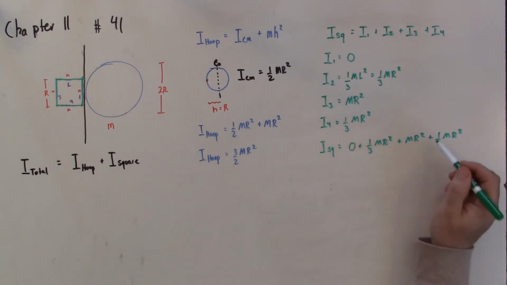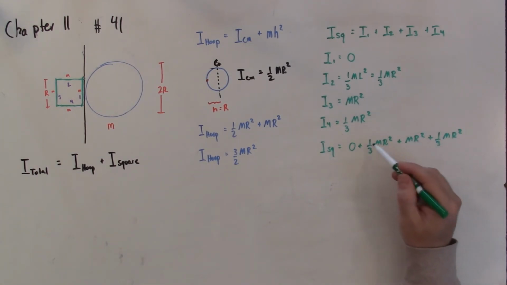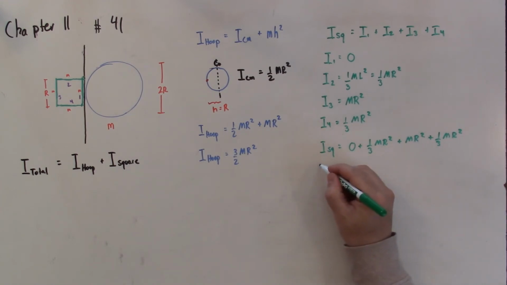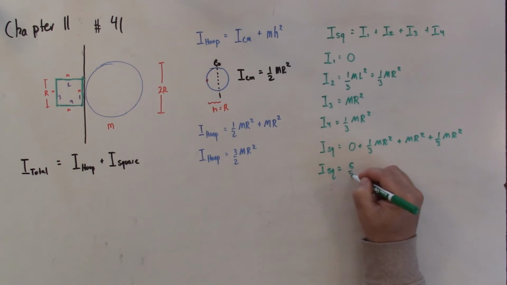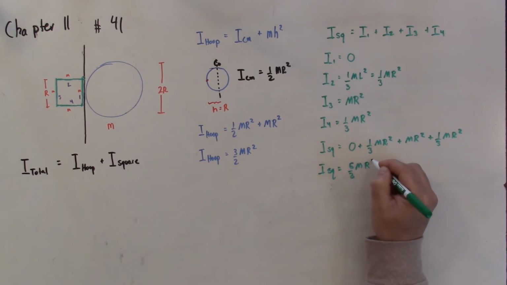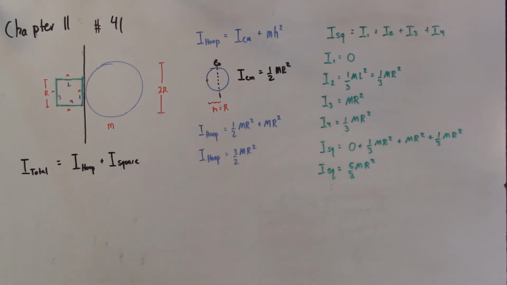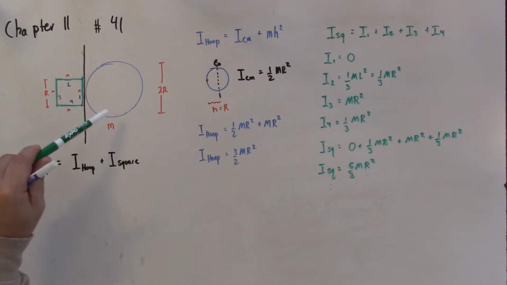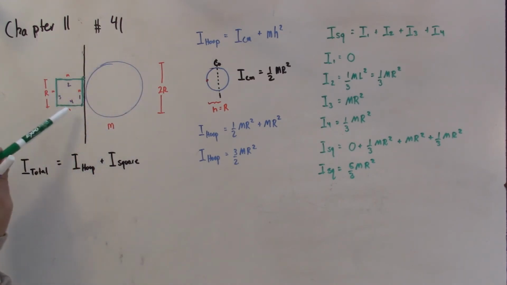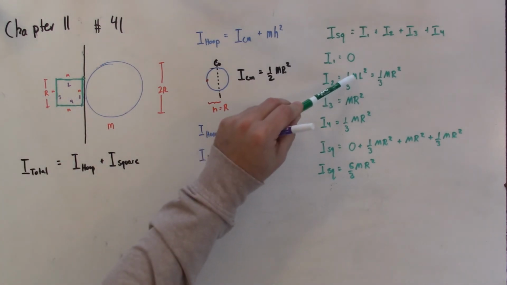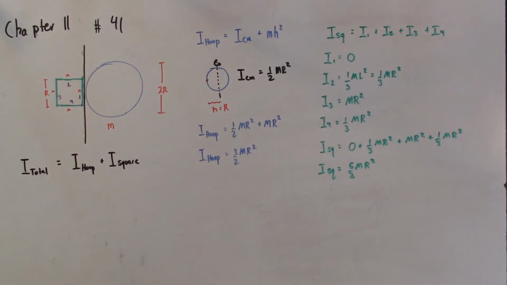So this is 1/3, this is 1/3, this is 3/3 for a total of 5/3. So the total moment of inertia for the square is equal to 5/3 mr squared. One thing to notice is that it says the whole hoop has mass m and each little segment also has mass m. So keep that in mind. That's why each of these was an mr squared individually.